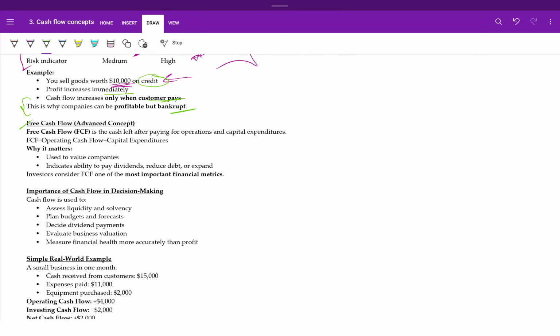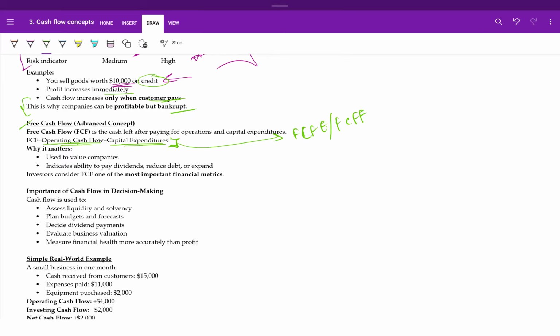It is the cash left after paying for capital expenditure from operating cash flows. And remember this formula because this is going to be the foundation of free cash flow to the firm and free cash flow to equity.